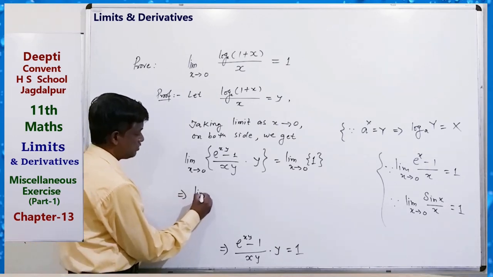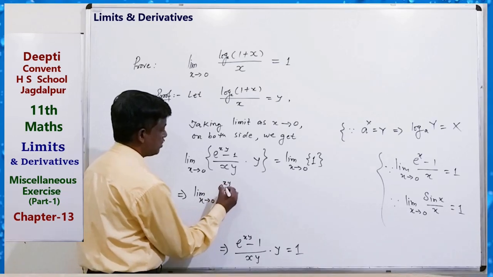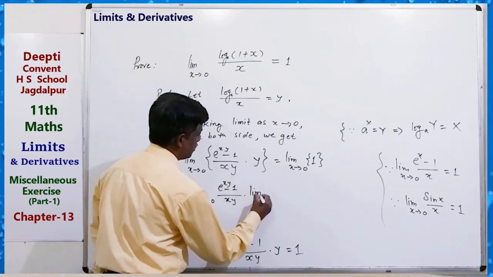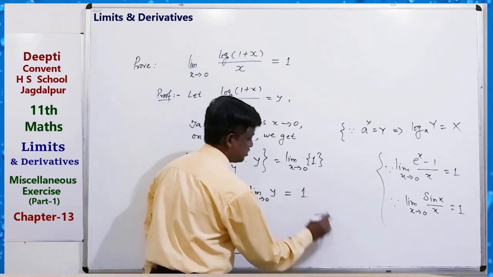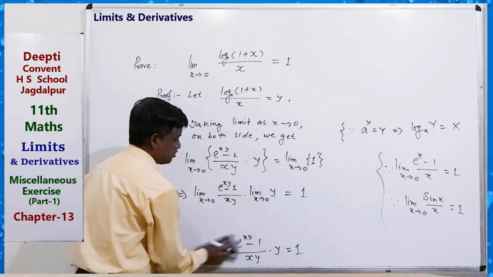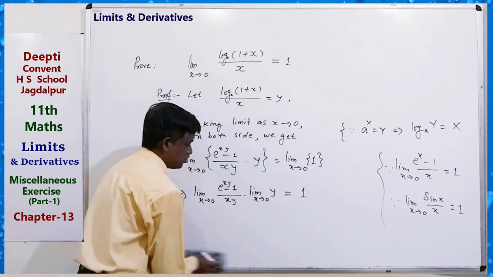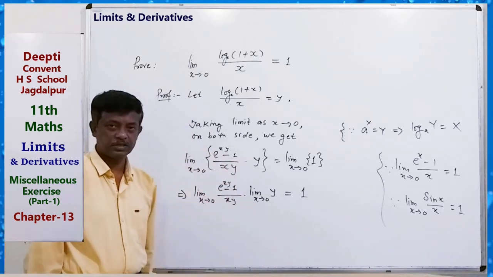Now limit can be distributed as a multiplication: (e to the power xy minus 1) upon xy into limit x tending to 0 of y equals to 1. Here 1 is constant, so limit is always 1. Now limit is distributed like a multiplication.